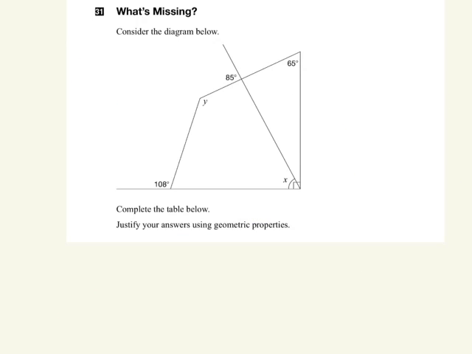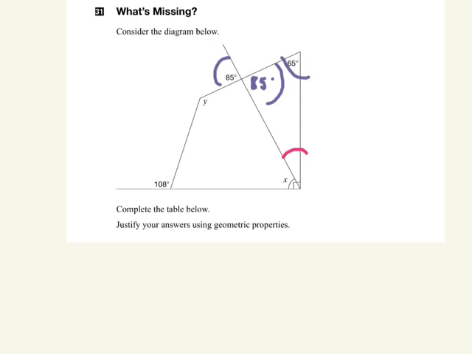Okay, so the first thing you did was you indicated that this angle here is 85 degrees, and how did you know that? Because it's the opposite angle. Good. These two angles are opposite, so they're equal. So you filled in part of this triangle now. So you have 2 out of 3 angles in this triangle.